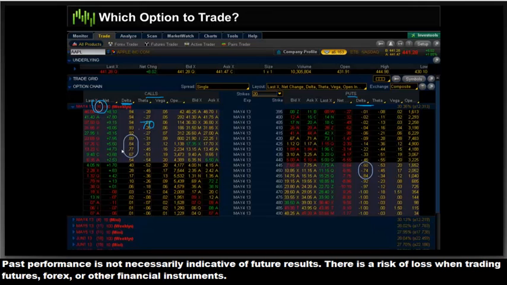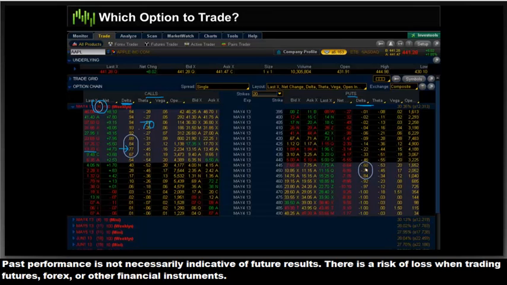So the one I would actually pick for myself is probably this 0.77, or delta 77 option. That's the one I would select for calls if I'm bullish on a stock. You can see that this option is trading at $13.23 a contract. Now if I was bearish and wanted to purchase a delta 70 put, I do the same thing.